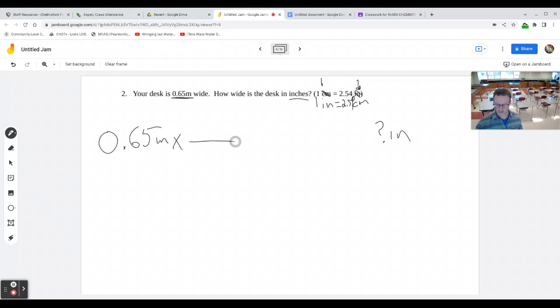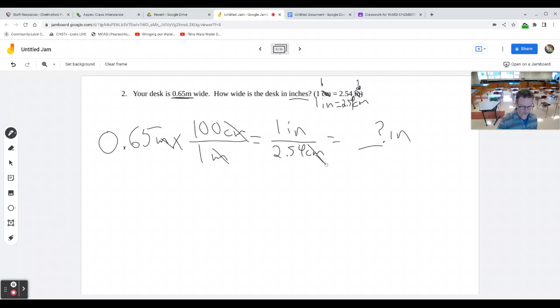Centimeters, 1 meter is 100 centimeters. So I can convert the meters to centimeters, and then I have the conversion over here of 2.54 centimeters are equal to 1 inch. So that gets me to the inches from the meters. Cross out meters, cross out centimeters.